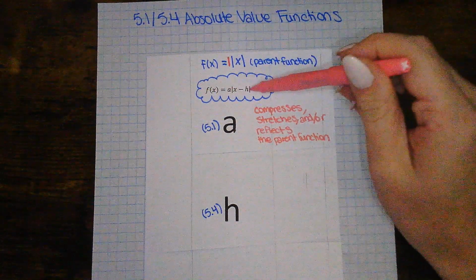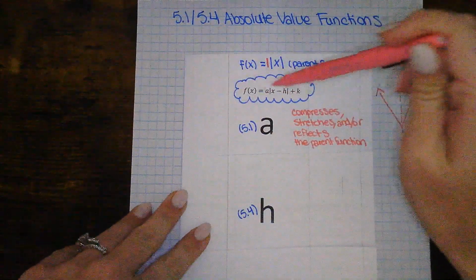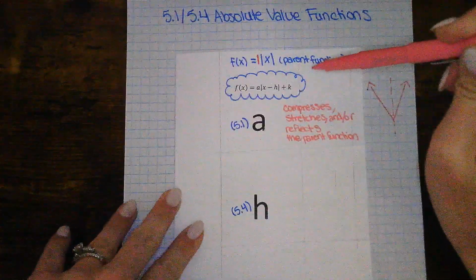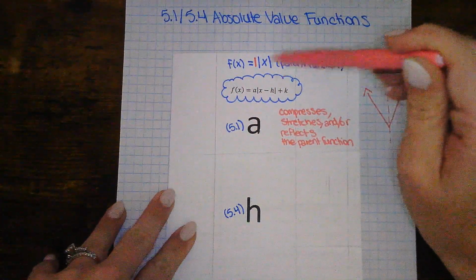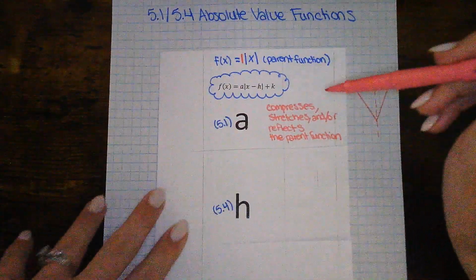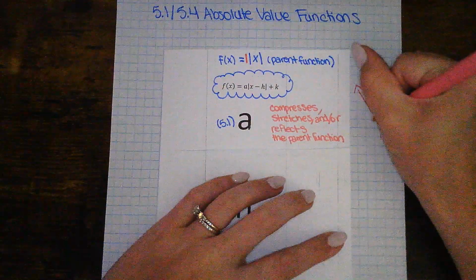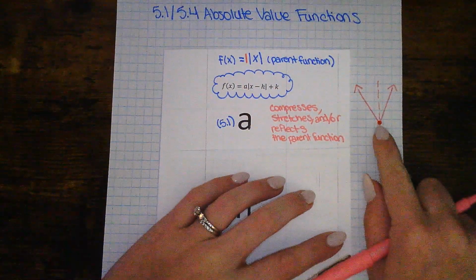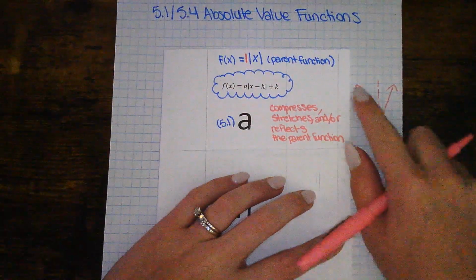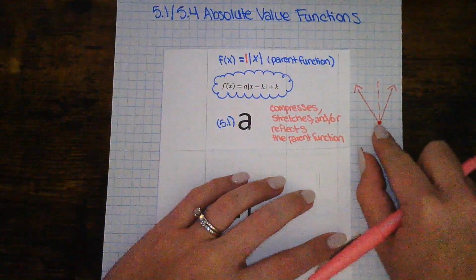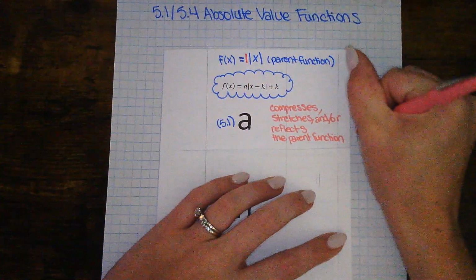Another thing we're going to want to note outside of our note taker before we look at an example is that the vertex of an absolute value function is the highest point or the lowest point, depending on the direction the V faces, right? So in this picture that I drew, the V is facing up, so the vertex is the lowest point.